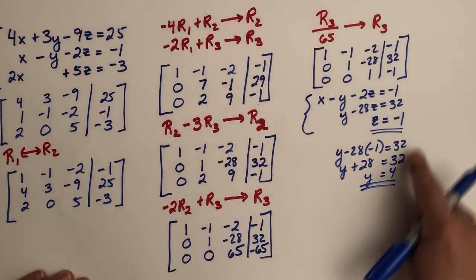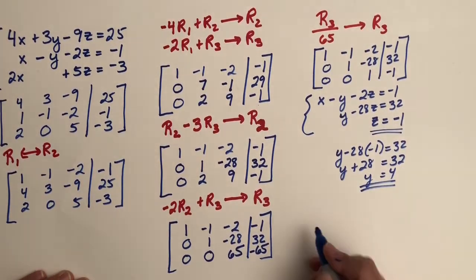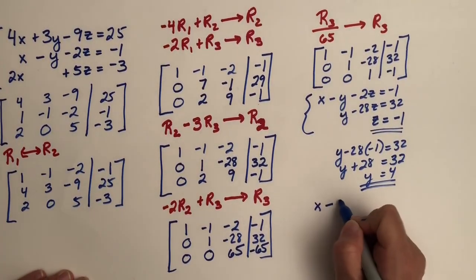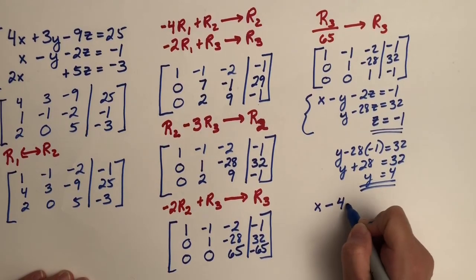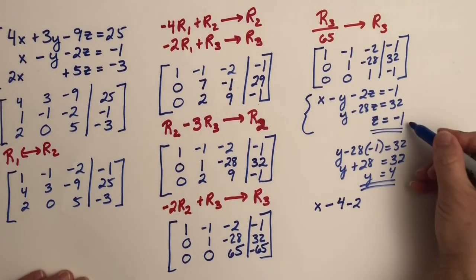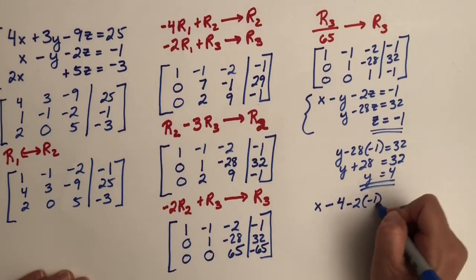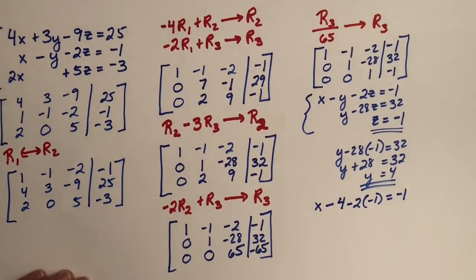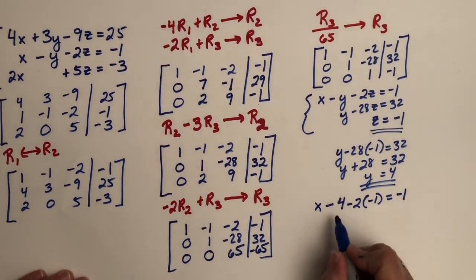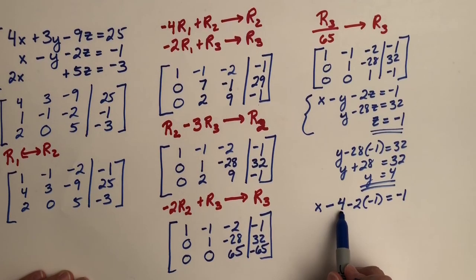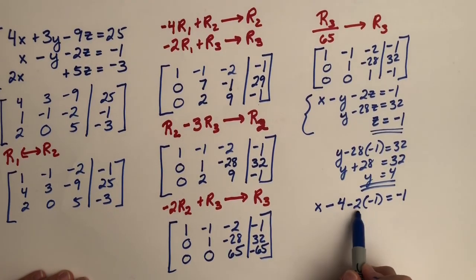And back substitute both of these into this equation, and we have x minus y, which is 4, minus 2 times z, which is negative 1, equals negative 1. Let's do some arithmetic here. We have a negative 4 and a positive 2.